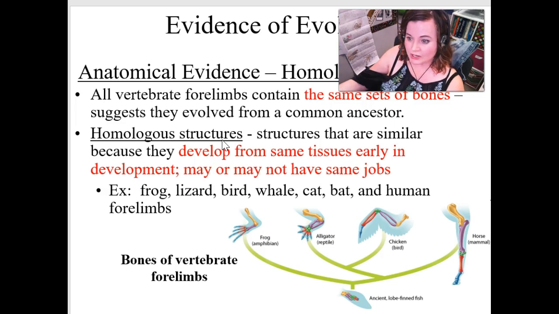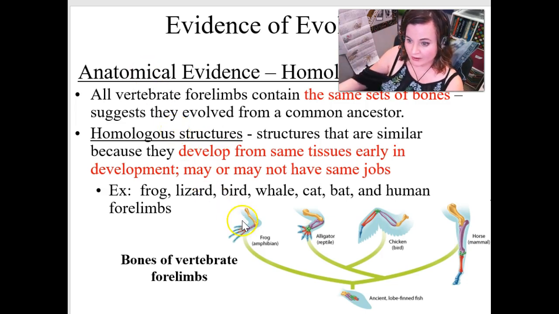So homologous structures are similar because they have developed from basically the same set of stem cells that give rise to all these different types of structures. They develop from the same tissue early on in embryonic development, but they may not have the same function when the animal reaches maturity, okay?